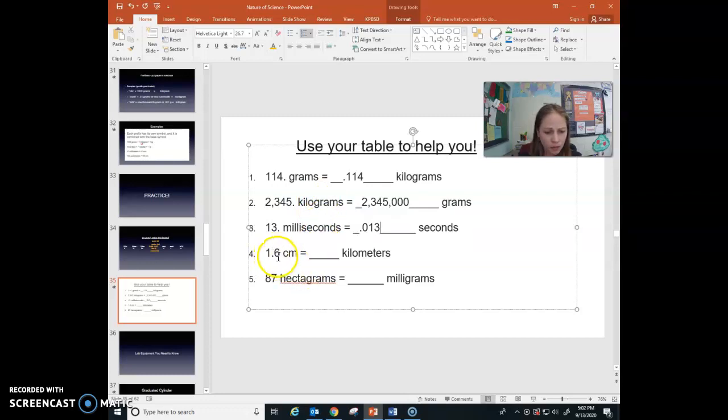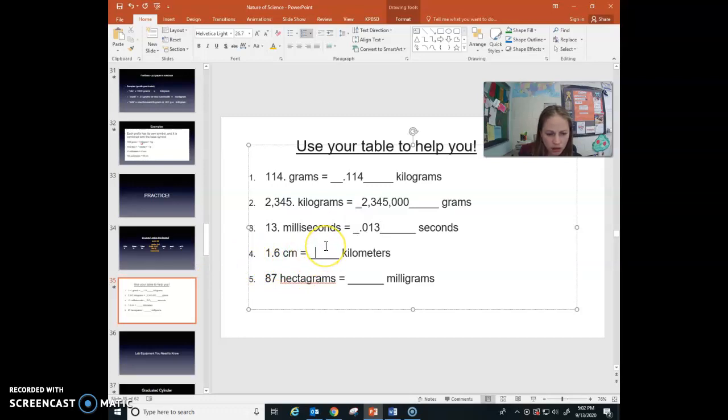Okay. 1.6 centimeters into kilometers. I don't know why you would change centimeters into kilometers, but here we go. The decimal is given to you in this example. So I'm starting on centi, which I know is right here, and I have to change it to kilometers. So that's going to be 1, 2, 3, 4, 5 hops to the left. 1, 2, 3, 4, 5.